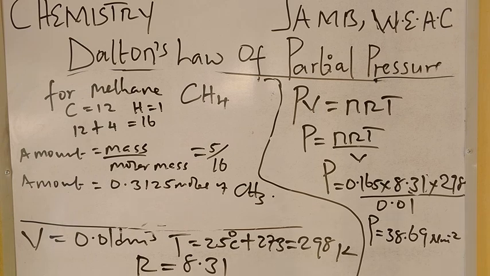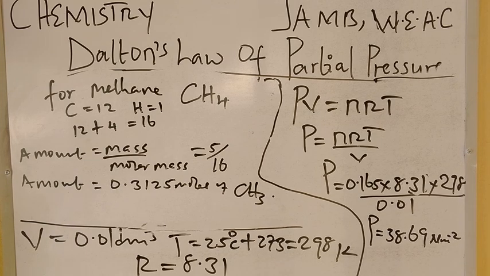So what is the partial pressure of methane? You remember that the volume is constant, 0.01 dm3, the temperature is 298, the same thing, and R is 8.31. That's what we're looking for now.